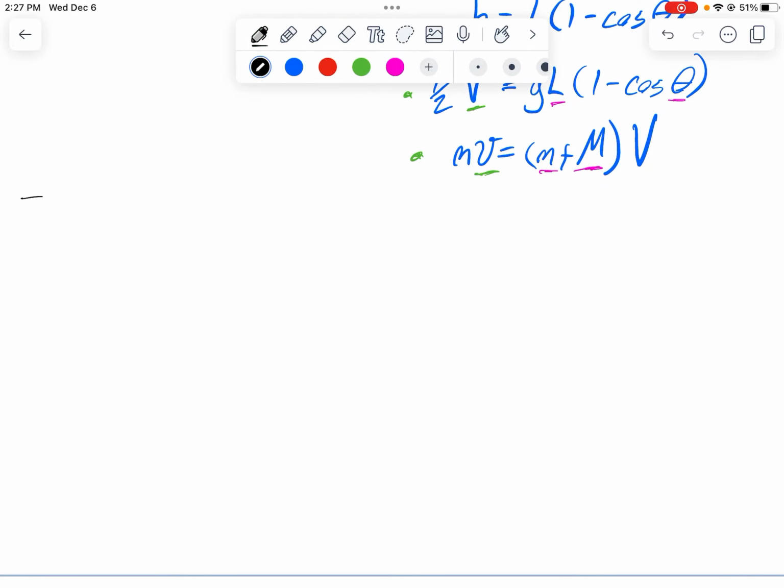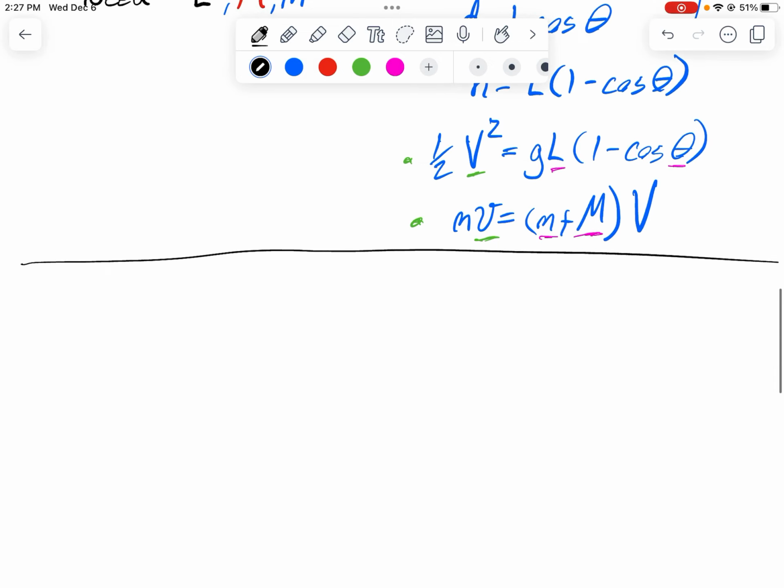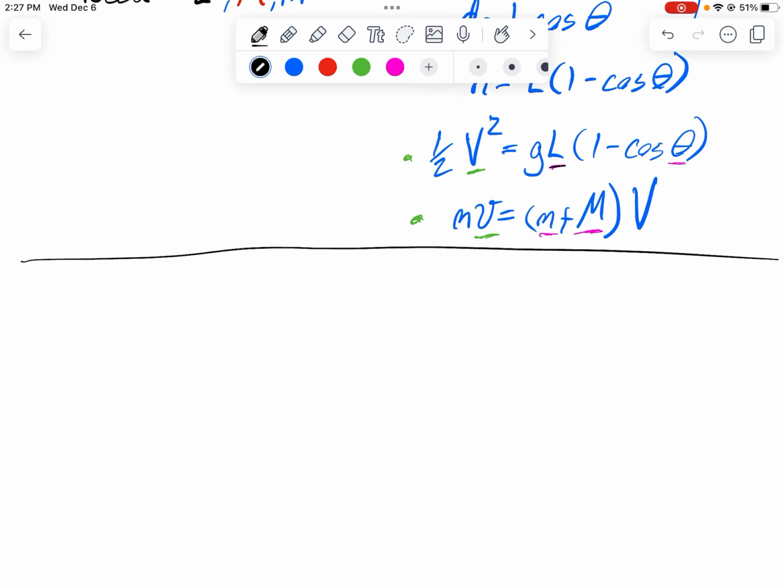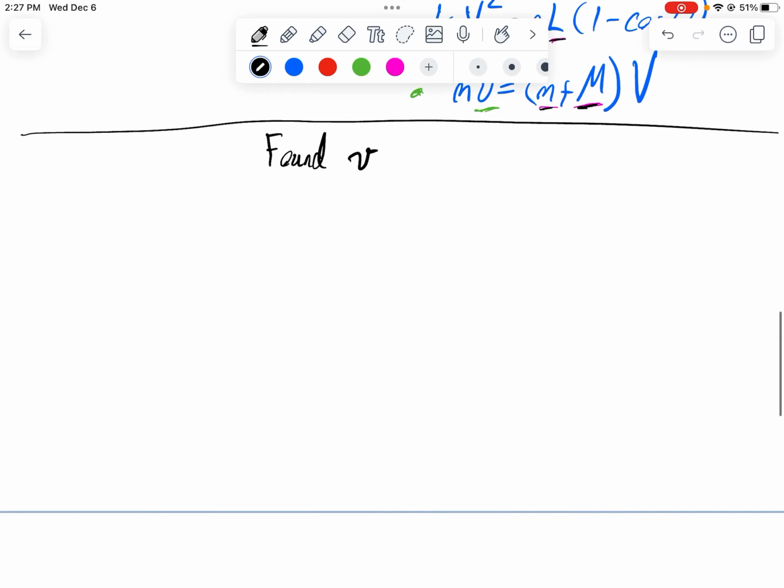Instead, what I'm going to show you is the problem I'm actually going to give you. So once I give you the numbers for L and M, and we look at the number for theta, you will have found little v, the speed at which the ball comes out of the projectile launcher.